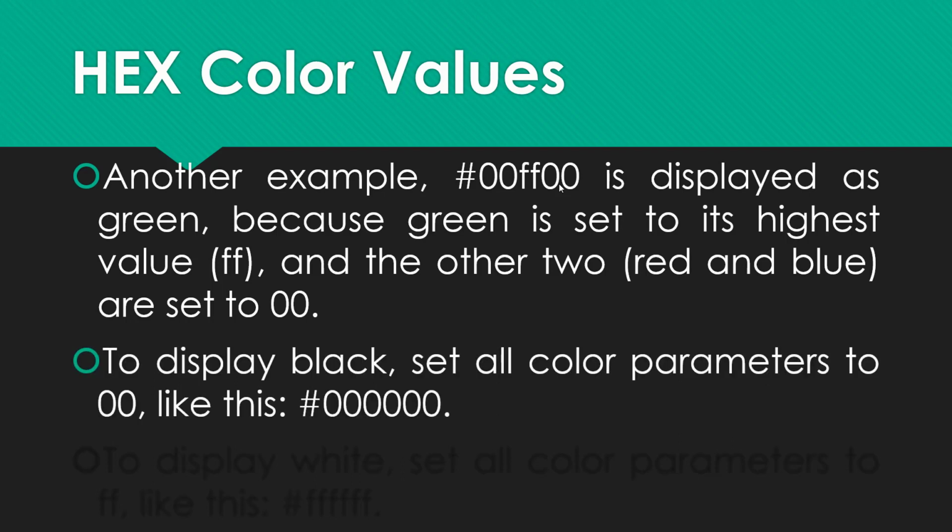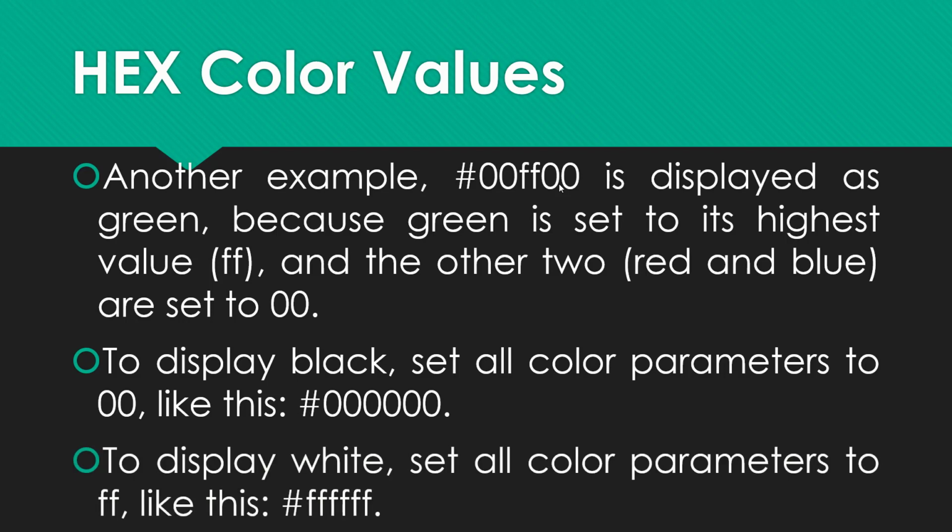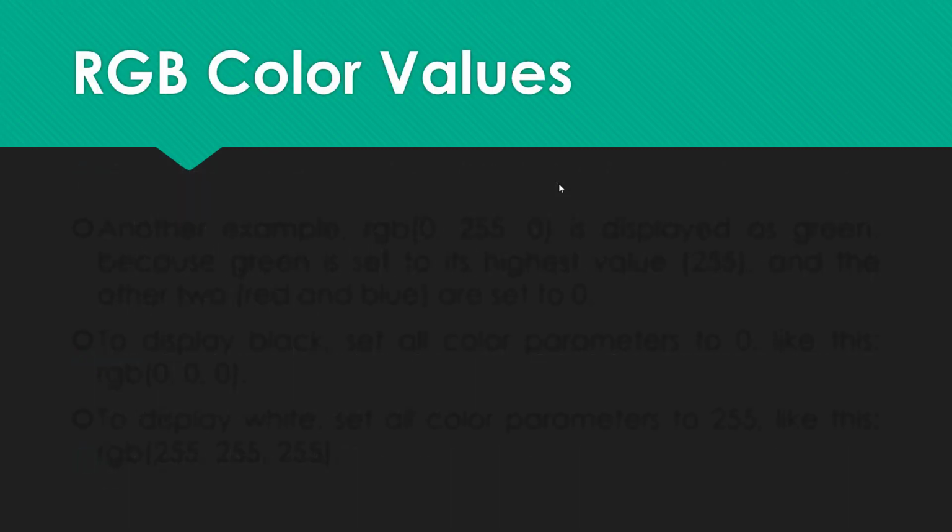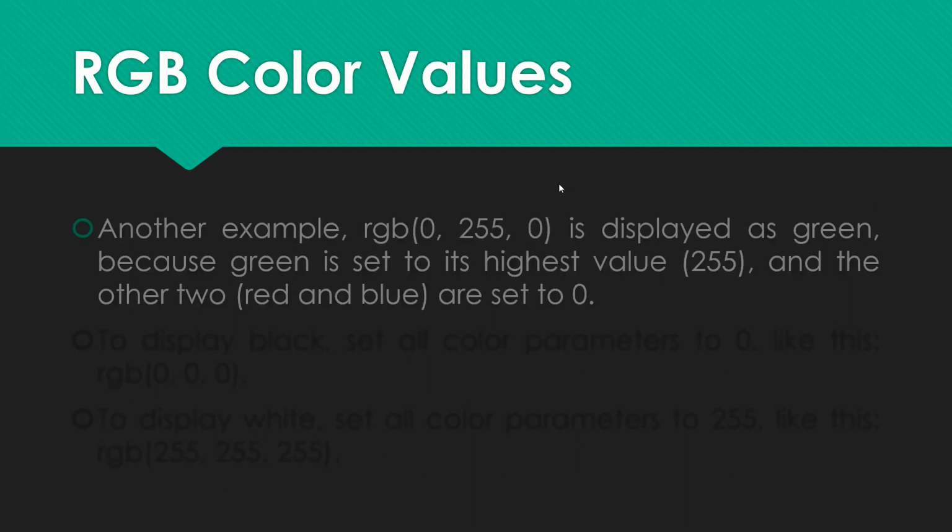To display black, set all color parameters to 00. If we set everything to 00, there will be darkness, and that results in black. To display white, set all parameters to FF, and we end up getting white.